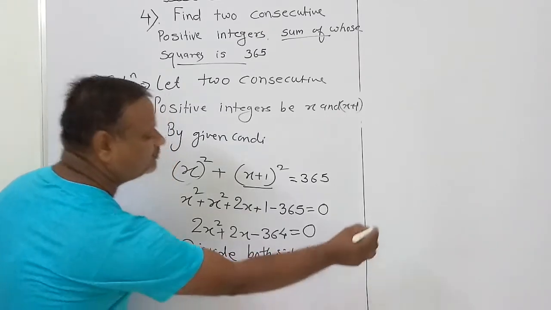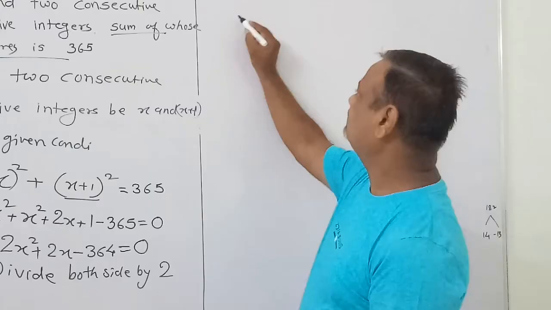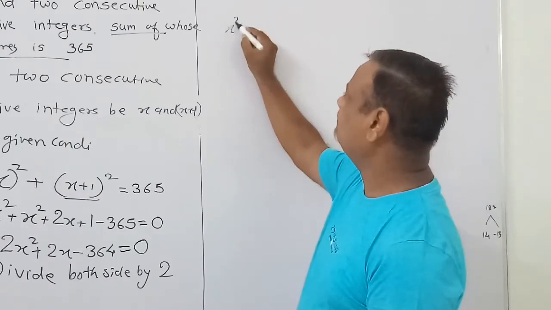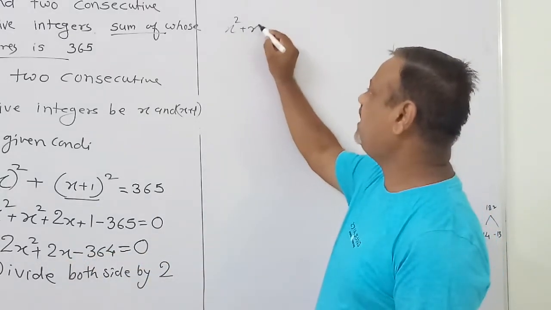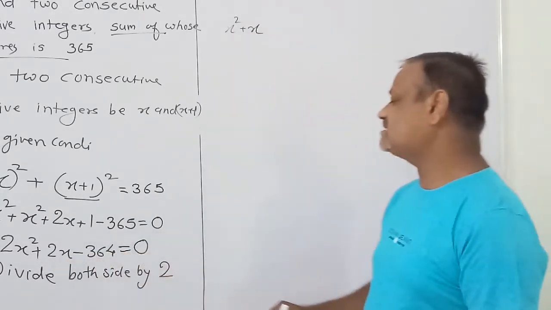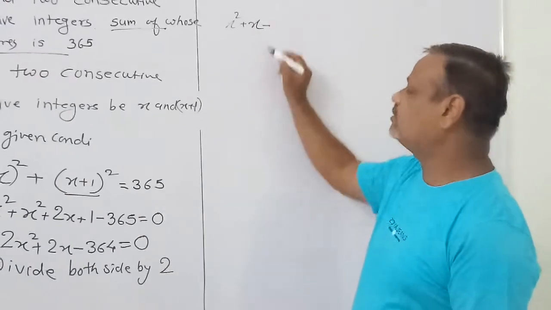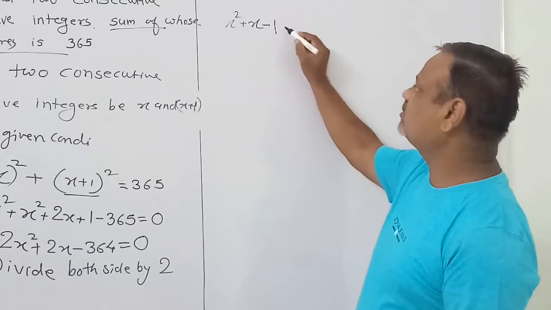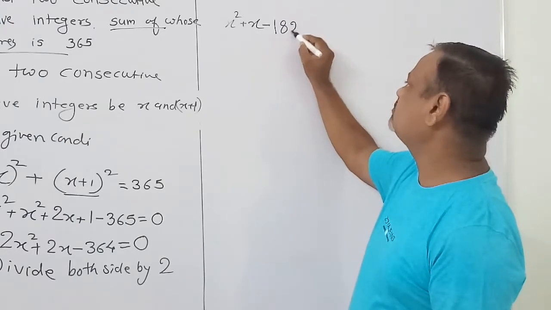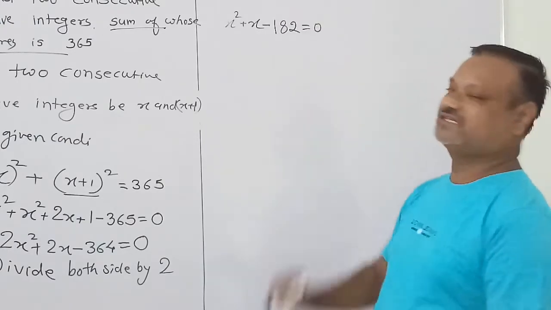We are dividing by 2. Then we get x square. Now 2x divided by 2 is only x, and minus 364 divided by 2: 2 ones are 2, 1 is left, 2 8s are 16, and 2 2s are 4, so 182. So x square plus x minus 182 equals 0.